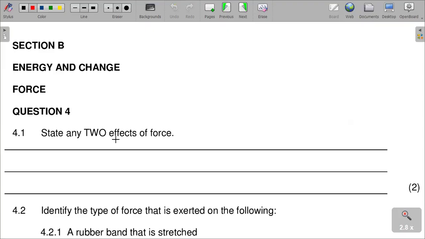Force can cause an object to do the following.